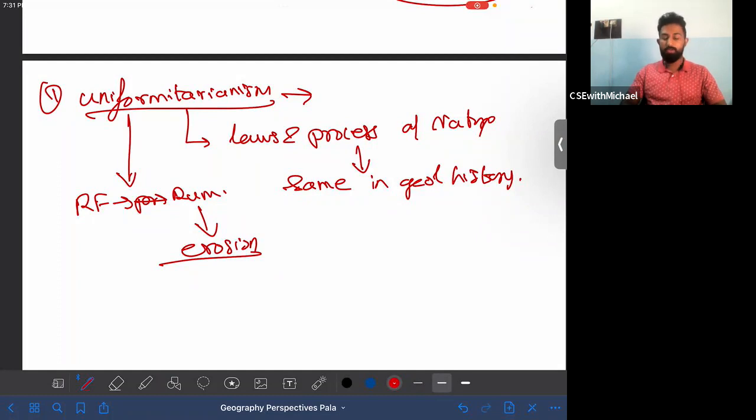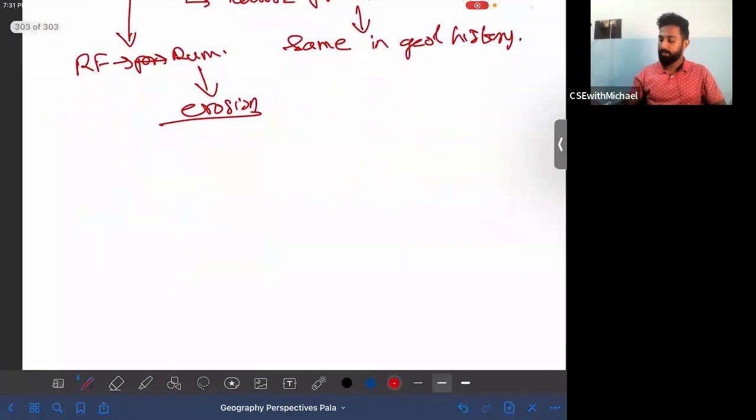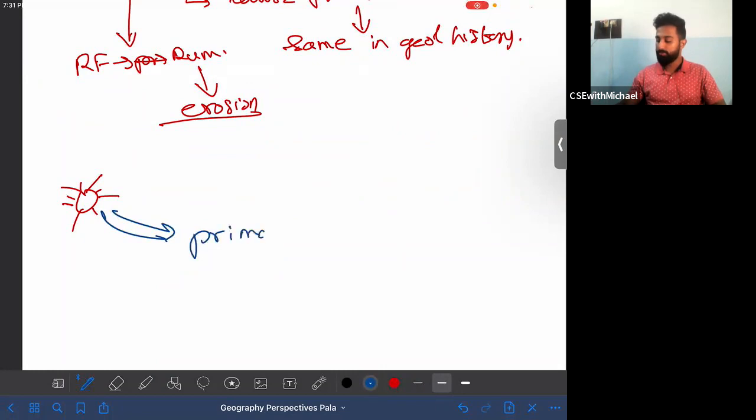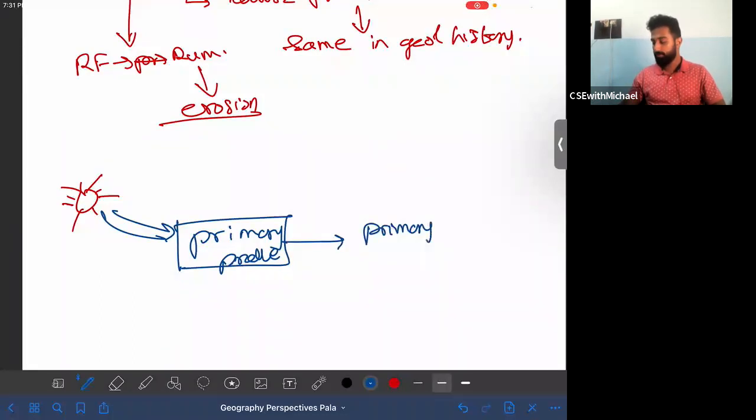The fourth principle is the principle of energetics. Energetics states that there is the sun, and from the sun, energy is received. You have the primary producers, the autotrophs. They convert this energy and transfer it to the primary consumers.